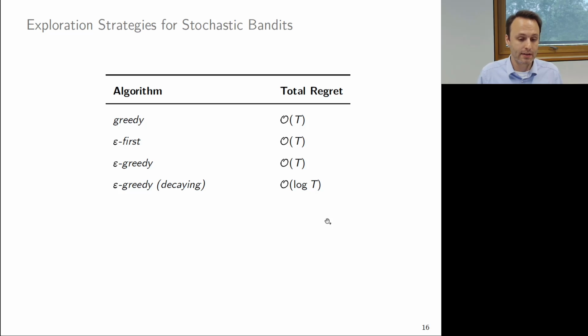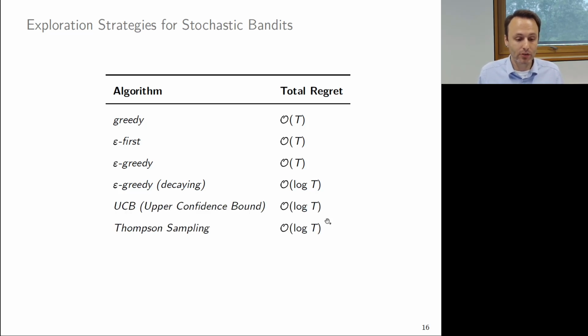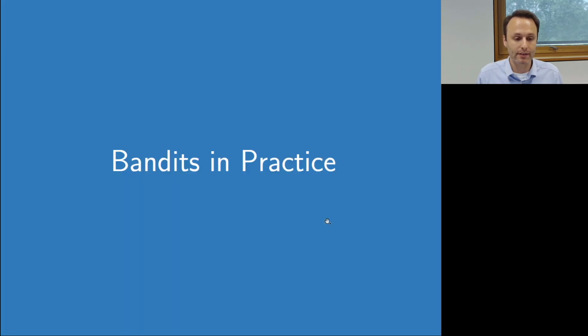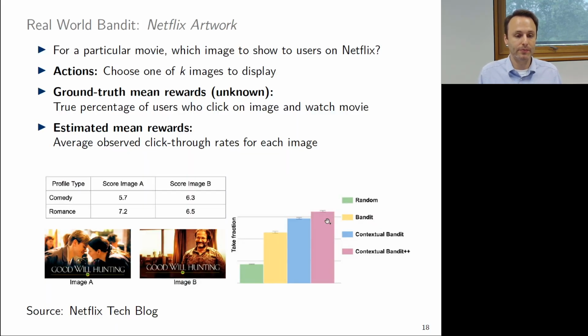People have shown that logarithmic regret is the best. UCB, Thompson sampling, they also have a logarithmic regret. And here are some references.